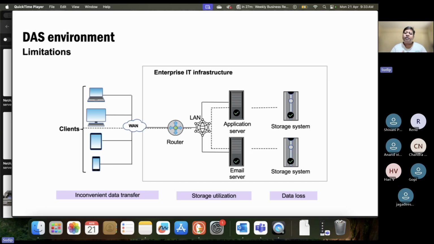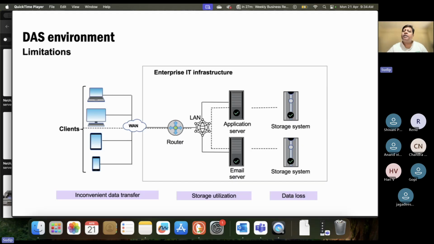But imagine a scenario where there was a shared storage system. Both Anand and Renu are writing to it and it is getting backed up. Even if something happens to one small portion of that storage, both Anand and Renu will still be able to read and write their data. So the situations of 100% data loss get minimized if you are in a shared storage environment rather than in a direct attached storage.